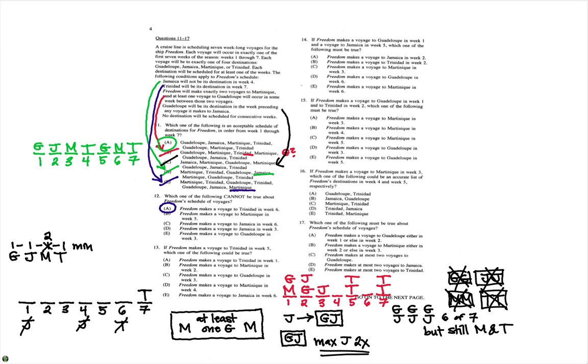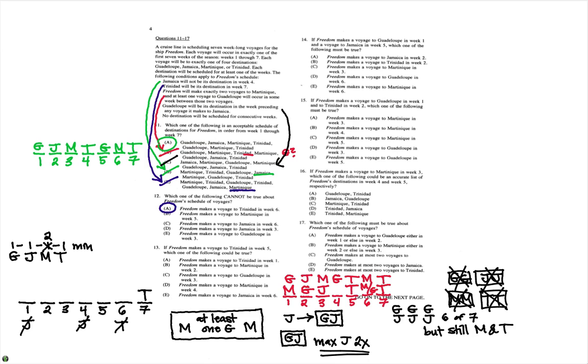Now we know Jamaica can't go in 6, Trinidad can't go in 6, so it has to be either Martinique or Guadeloupe. In the other scenario, again, you notice the only possibility now is Martinique must come in weeks 3 and 6, with the one trip to Guadeloupe showing up in week 4. So those are our two possibilities.